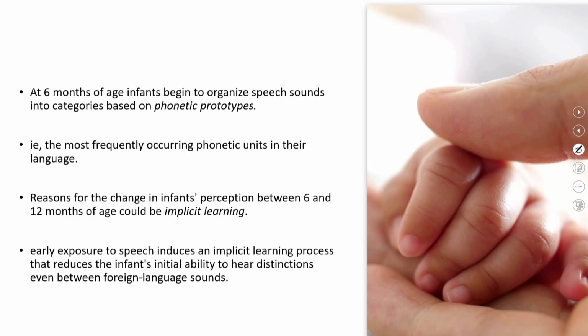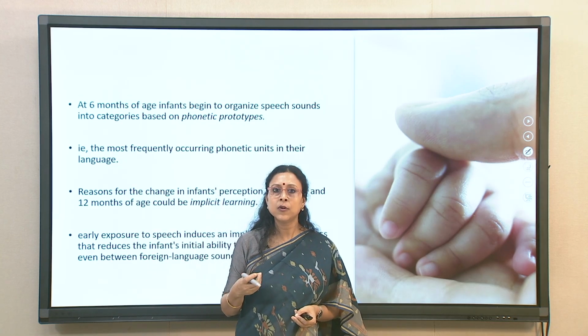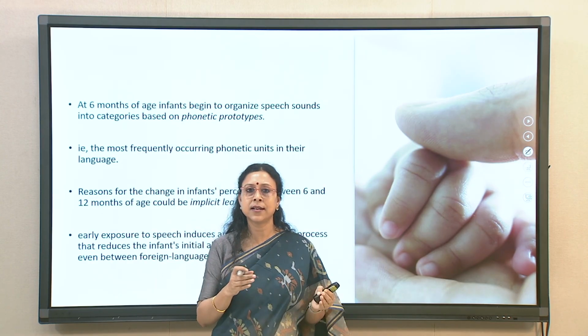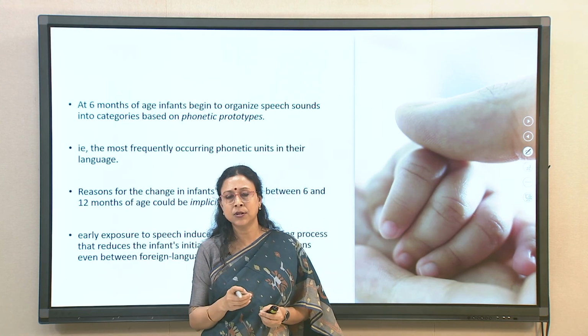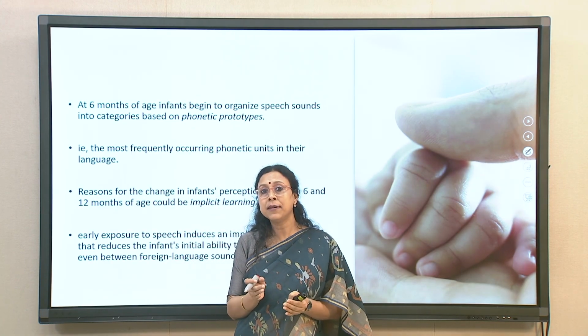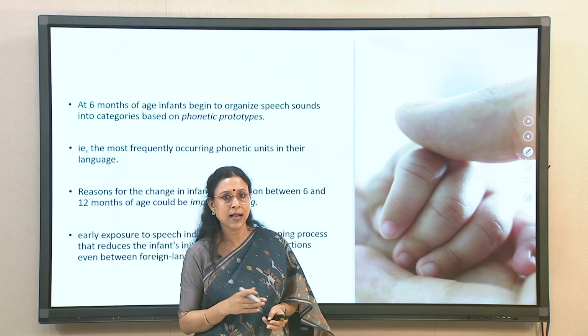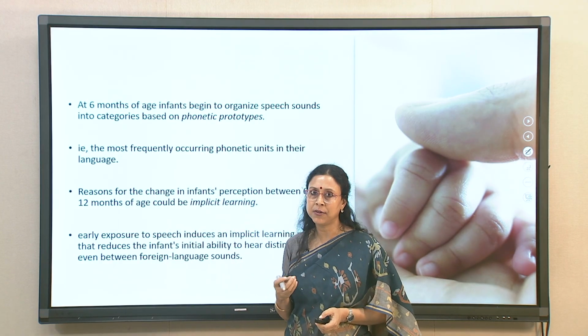We have seen it already before, that after some time, that ability to distinguish between sounds across different languages, even non-native languages, diminishes, because as they are exposed to more input from their own language, their phonetic categories get created, the phonemes get created in their brain, and as a result they have some good examples of that category. So, around that you have the native language magnet theory we have talked about. Around that prototype they create their categories in their own language. It is the most frequently occurring phonetic unit in their language, which is the prototype.